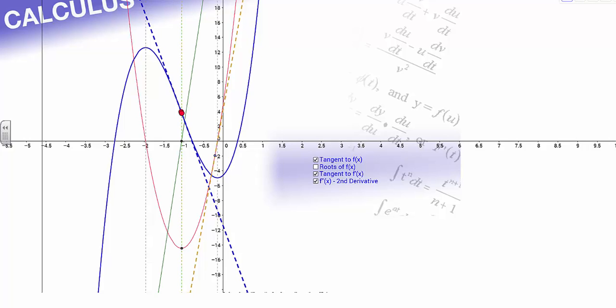Here's, in green, the second derivative function. Let's move that tangent, and you can see the second derivative is negative in value, hits 0 here, where we expected it to be 0, and then positive.